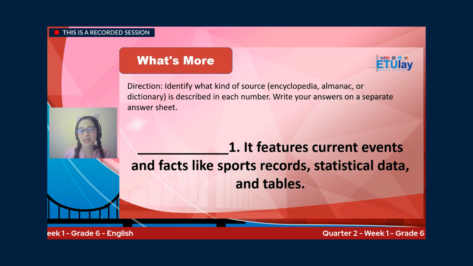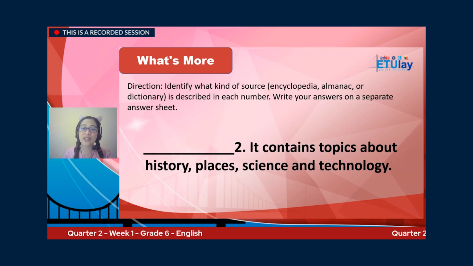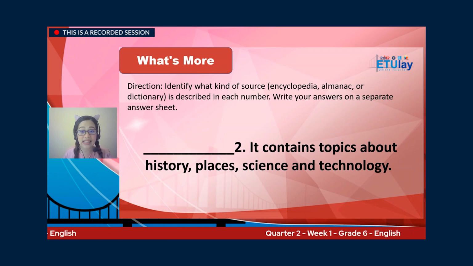The correct answer for number 1 is almanac. Number 2. It contains topics about history, places, science, and technology. What source is it? And our answer is encyclopedia.